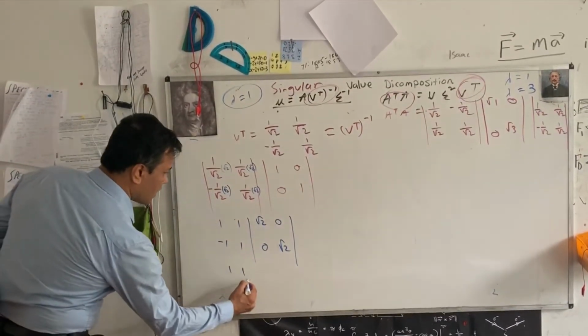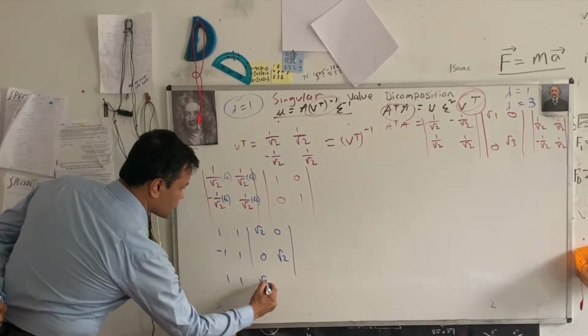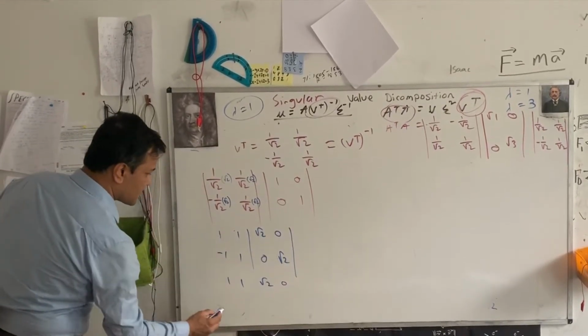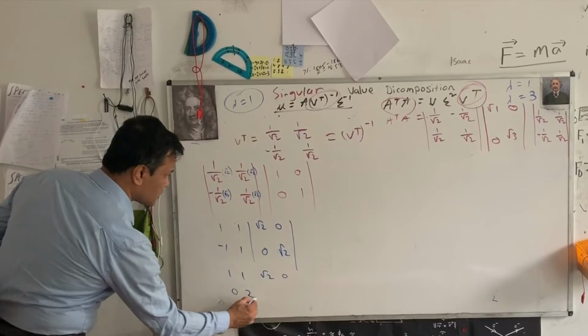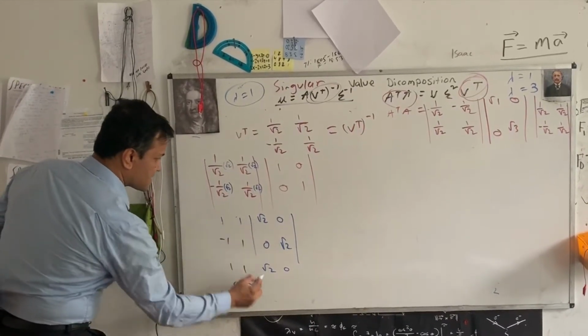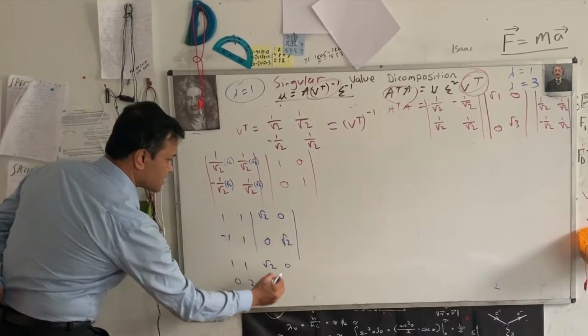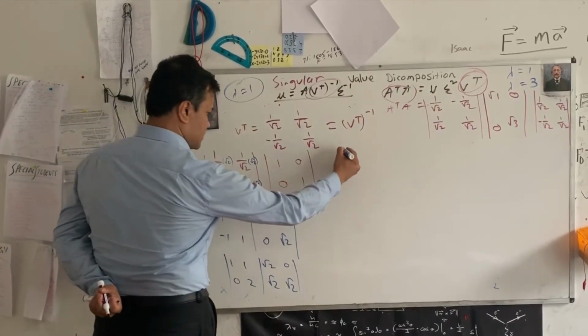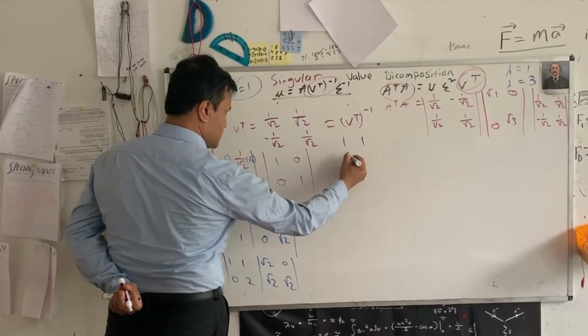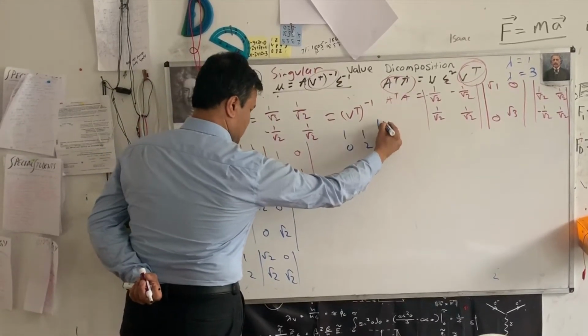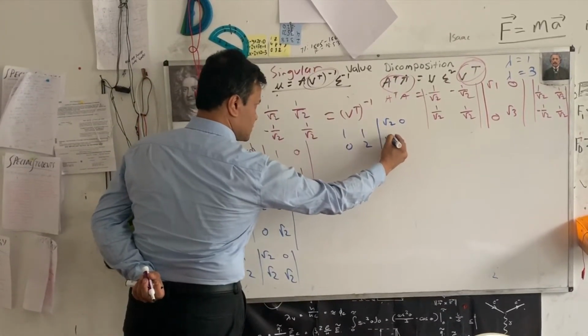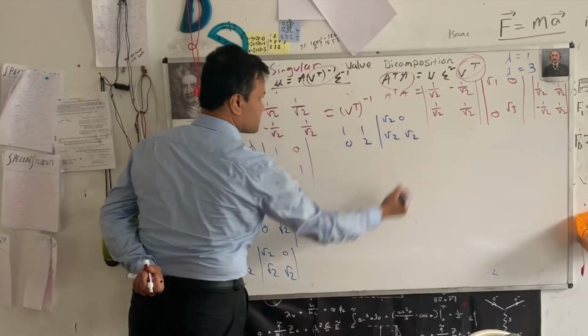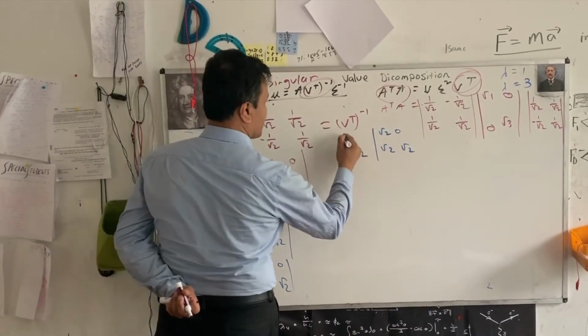I have 1, 1, square root of 2, 0. 1 minus 1 is 0. 1 plus 1 is 2. This plus this is square root of 2, this plus this is square root of 2. And now I have 1, 1, square root of 2, 0, 0, 2, square root of 2, square root of 2.